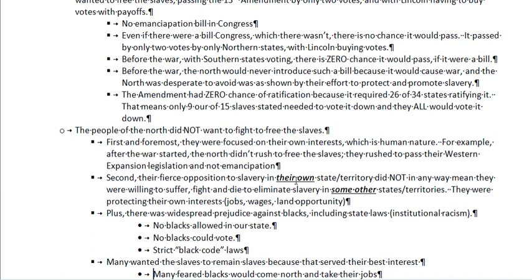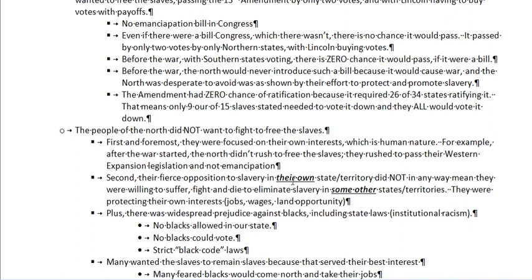Second, their fierce opposition to slavery in their own state. You know the people in the North were dead set against slavery in their state. Why? Because they wanted to help the blacks? Oh hell no! Look at the Constitution of Oregon State. Hey, we're not going to have slavery in our state. Right after that, it says we're not going to have black people in our state. You think they're not having slavery to help the blacks?